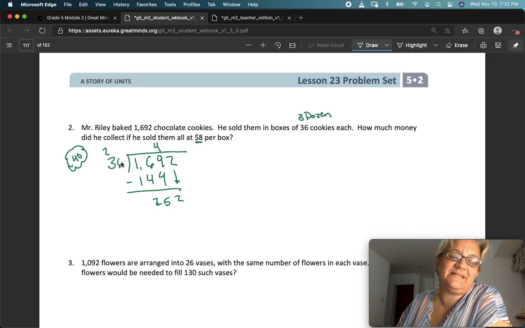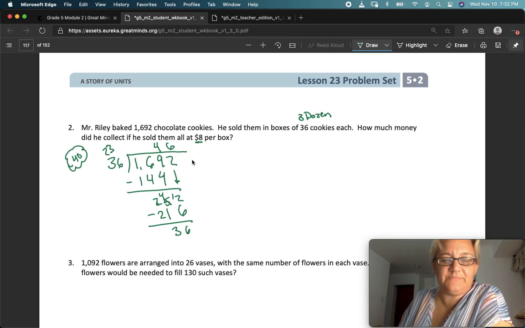I think we're going to stick with 6. Yeah. 6 times 6 is 36. Carry the 3. 6 times 3 is 18, plus 3 is 21. And 36 is our leftover.